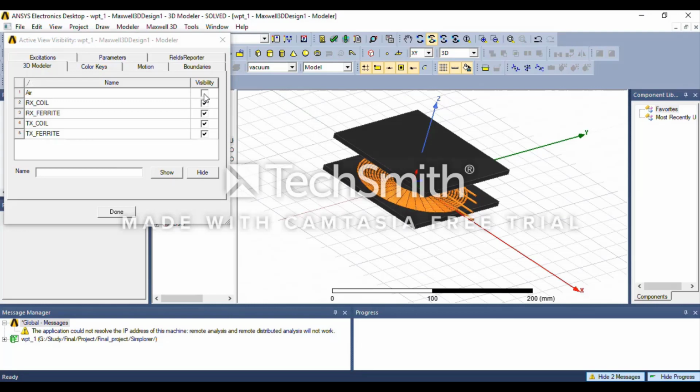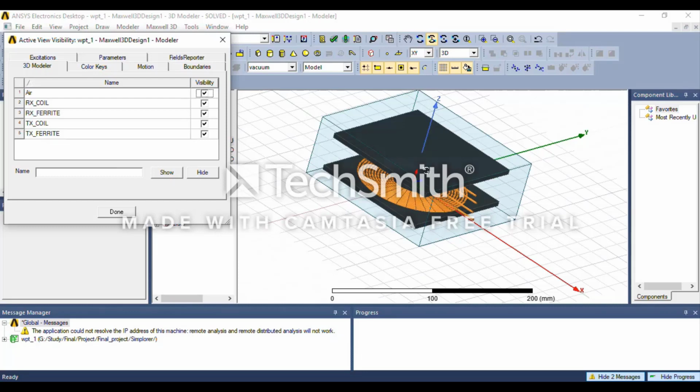Also, we have to provide an air box around our system, as by default ANSYS analyzes these coils as placed in vacuum, so we have to provide some air box near this system so we will get actual, practical results.